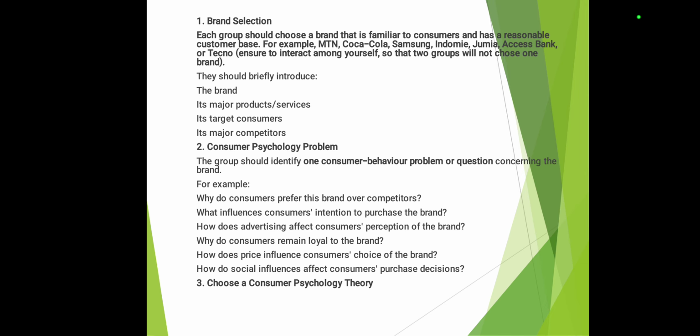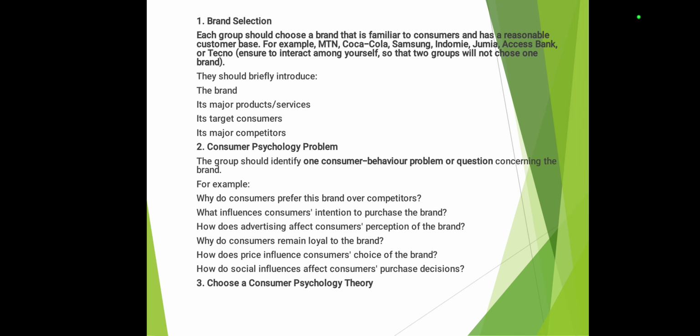And you can look out for how advertising affects the consumer's perception of the brand. And you can also look out for why consumers remain loyal to that brand. Sometimes advertisement might help, but then why do they remain loyal?